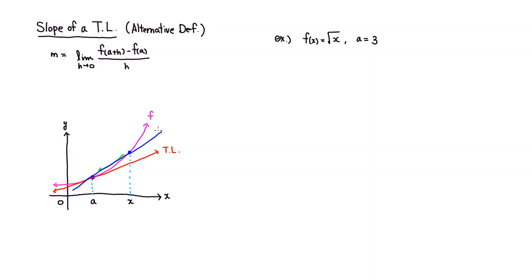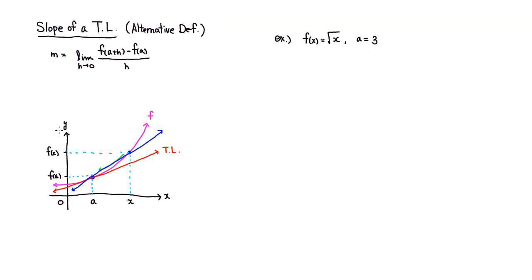Let's find the slope of the secant line. This is just going to be rise over run. So let's try to find the rise. At this point, the corresponding y value is f of a, and up here, since the x value is x, the corresponding value is f of x.